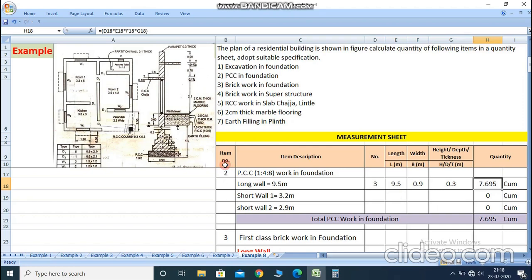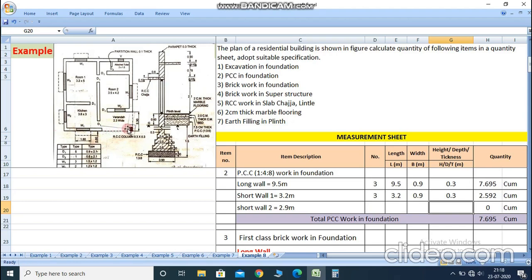Then after, we calculated the short wall. For short wall 1, the total number is given, 1, 2 and 3. So write here 3. Then after, the short wall length is already calculated, 3.2 meter. Width is already given in the section part as 0.9 and thickness is given 0.3. So we got the answer 2.592 cubic meter. It's the value of short wall 1. Then after we calculated short wall 2. Here the total number of short wall 2 is 1, 2, 3 and here the veranda part short wall is not done, but in excavation up to plinth level the short wall is required.